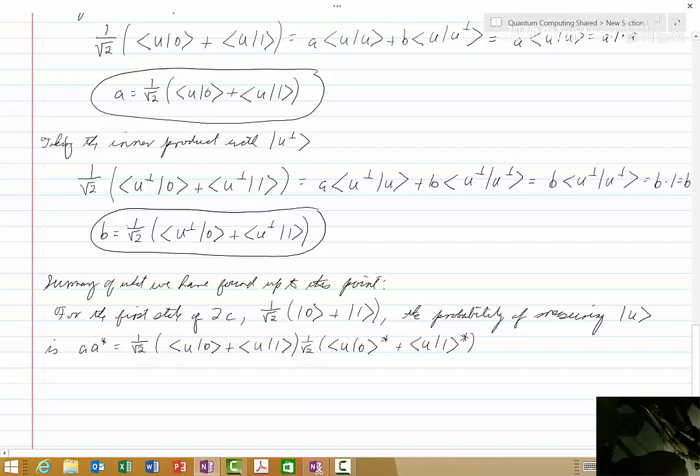And so that is going to be equal to the 1 over square root of 2 and 1 over square root of 2 give us 1/2.